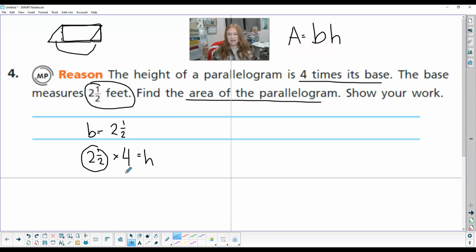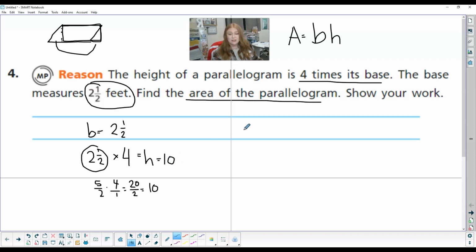So 4 plus 1 is 5 over 2, and I need 4 of those. So there is 20 over 2, which is 10. So the height of my parallelogram is 10.